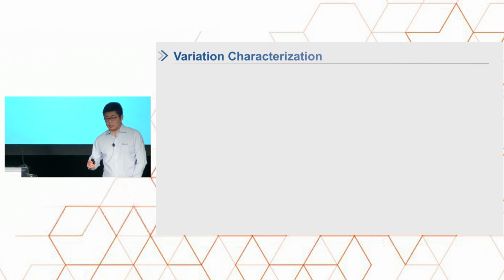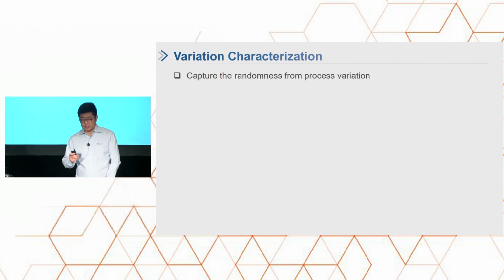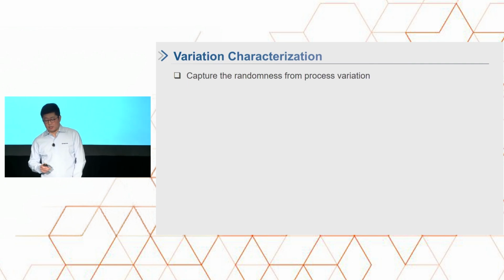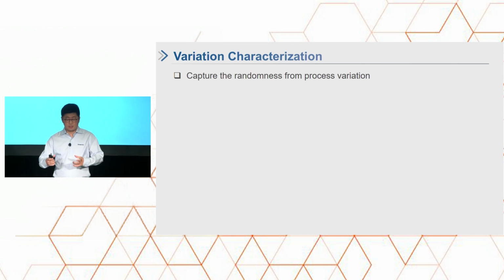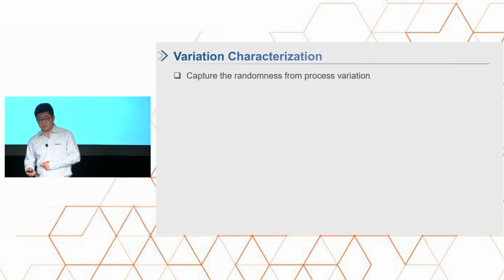This is conceptually different from nominal simulation, or the normal simulation that we talked about before, because in reality, there is randomness from process variation. And what we get in the chip might not be the same as our simulation.